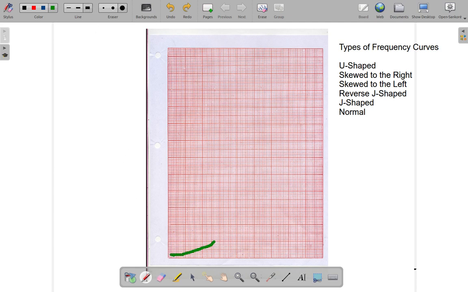It is symmetrical, like this. By symmetrical, I mean if you draw a mirror line through the middle and fold the left and right, the left and right would match each other.